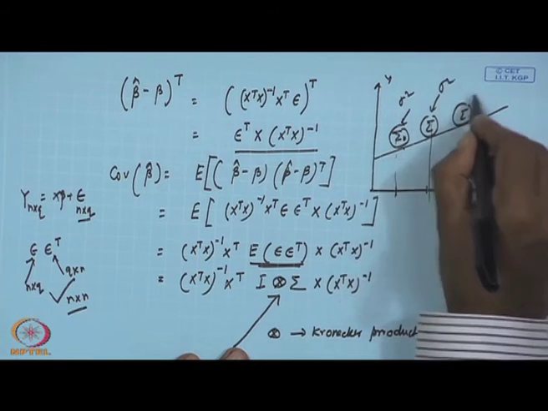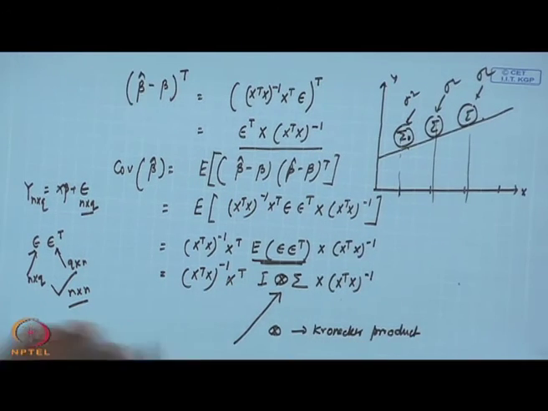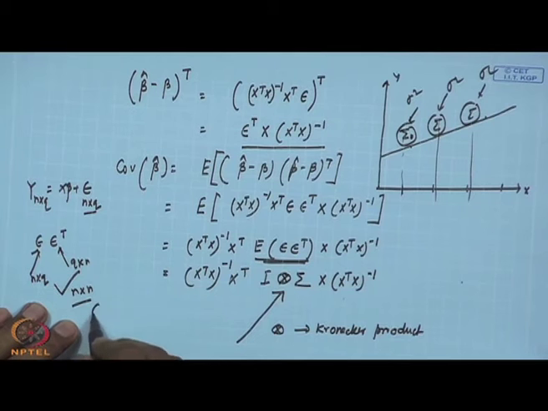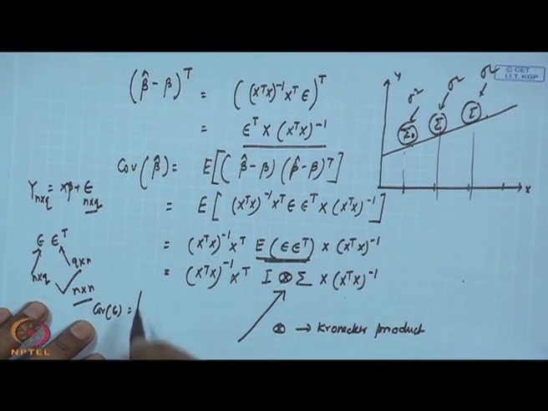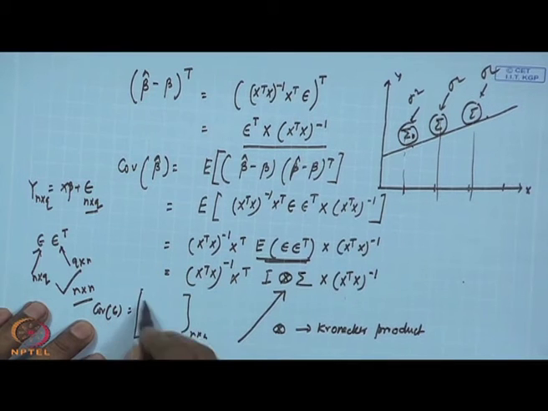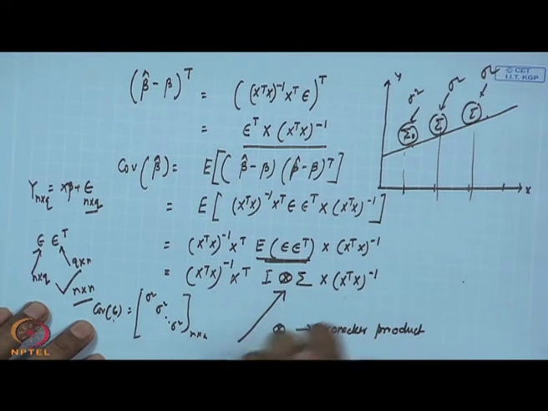When we create the covariance matrix of epsilon for multiple regression, we also get n cross n, where the diagonal elements are sigma square, because for every element of the error the variance is sigma square, and the off-diagonal elements will definitely be 0.